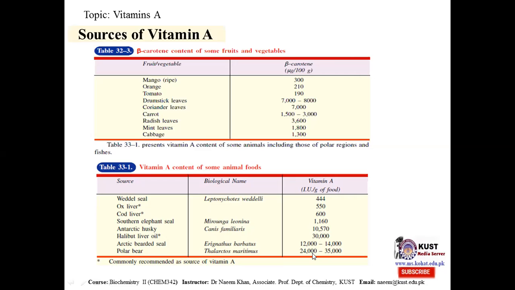Similarly, some foods have 12,000 to 14,000 or 24,000 to 35,000 international units per gram of the food. These source tables from animal and plant can be traced in the GL Jain biochemistry book, Fundamentals of Biochemistry.